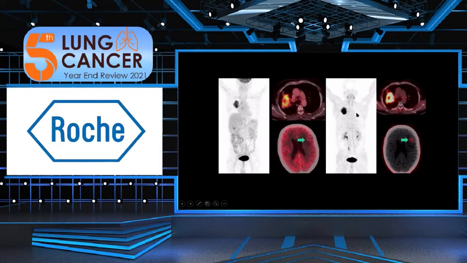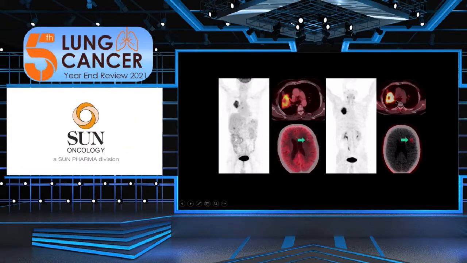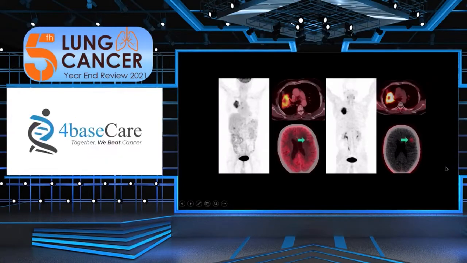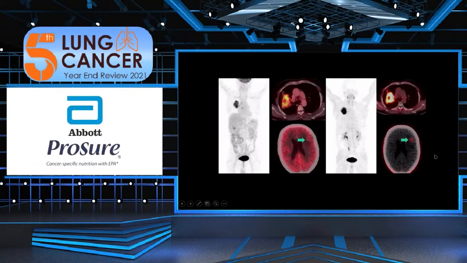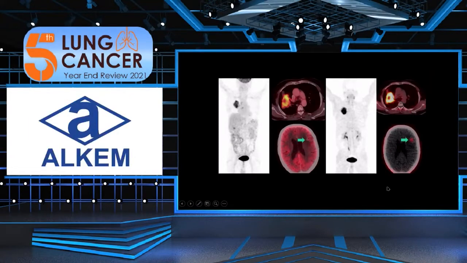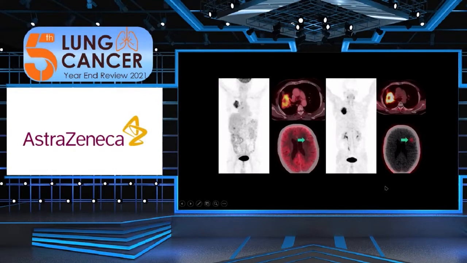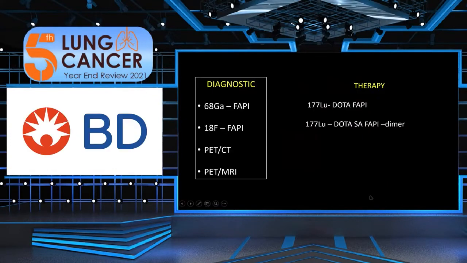But on the FAPI, the uptake in the primary disease is significantly high, and uptake was also seen in the brain lesion, and it is pretty good. And because of the absence of uptake in the normal parenchyma, the contrast is excellent. So it is already a far superior diagnostic tracer compared to FDG.